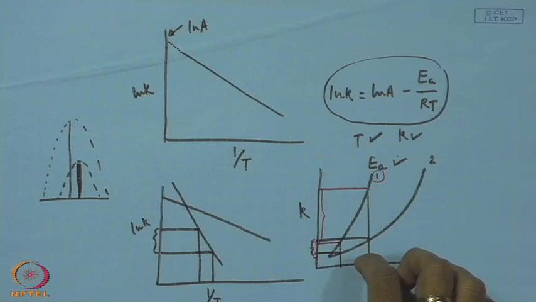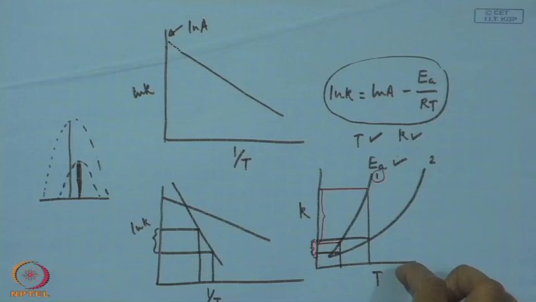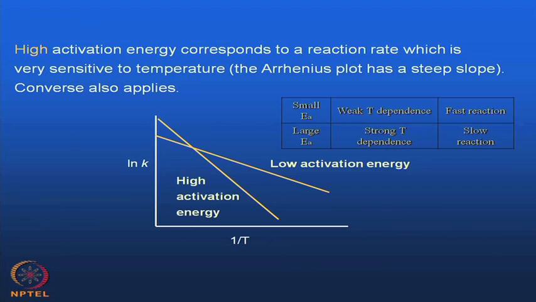Okay. And large activation energy means strong temperature dependence. So a little increase of temperature will lead to a huge change in k, but the reaction is slow for the large activation energy case. Okay.